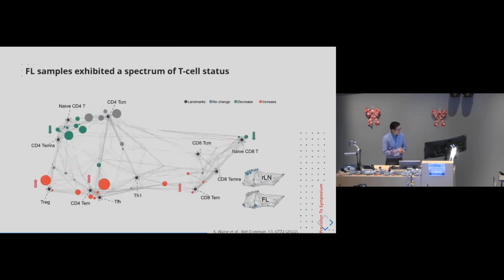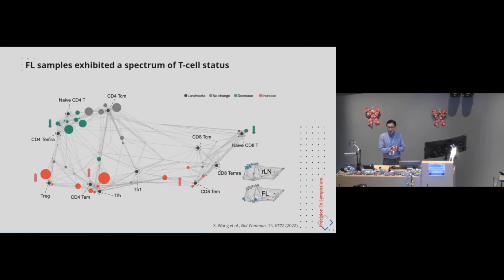On the next slide, I'm going to show what happens when we compare FL versus reactive lymph node. We can ask which populations, or which unsupervised clusters, changed between these two groups. The red nodes are the populations that increased in the FL samples, while the green nodes are the populations that decreased in the FL patients.